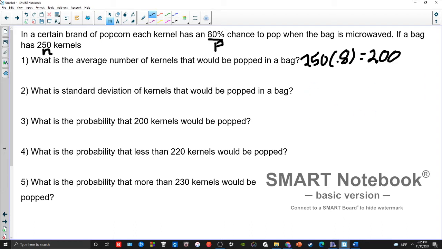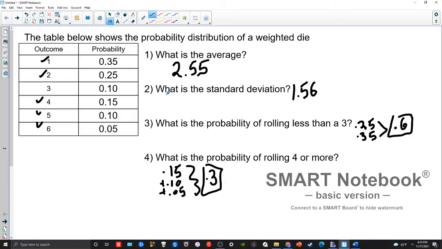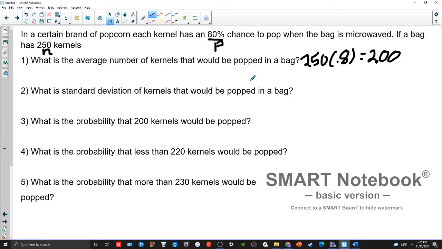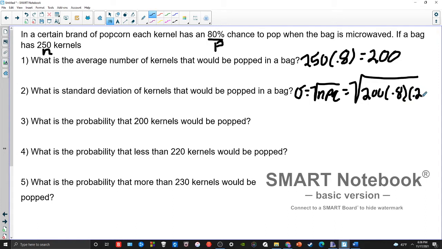The standard deviation. Now again, we don't have a table to do standard deviation like we do here. So you might be asking yourself, well, how the heck do I do a standard deviation if I don't have a table? Do I have to do like 250 different things? Well, no, because in a binomial, you have the shortcut. The standard deviation for a binomial is root npq. So in this case, it'd be root of 200 times 0.8 times 0.2.